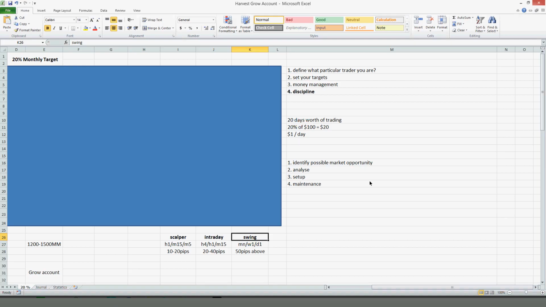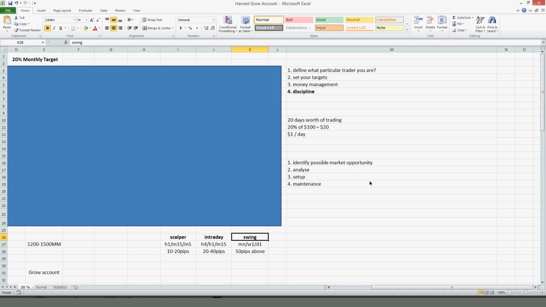That's why it's very important that you know what time is the best time for you to trade, what particular trading style, and how much you're trying to achieve in a particular setup. If you're going for an M15 re-entry, you do not hope that it's going to go 100 to 200 pips, because that's not how the market moves.